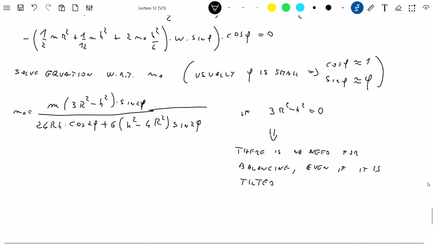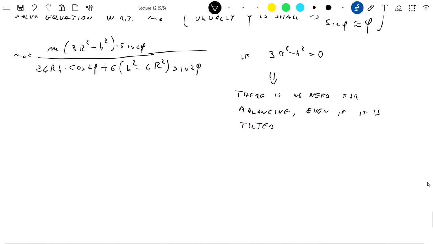You take a small cylinder, and then you make a cut in the cylinder, something like this.